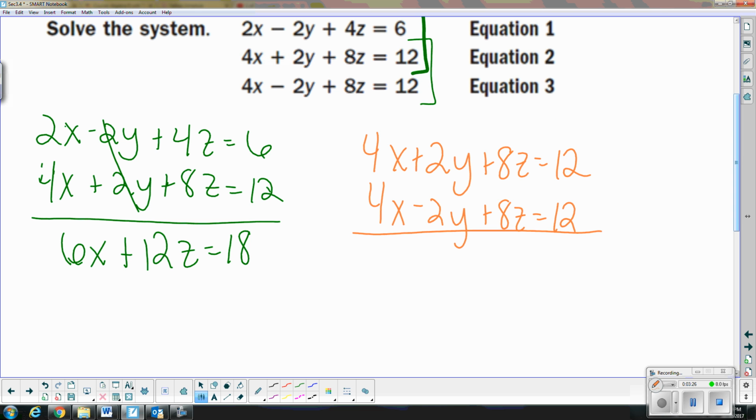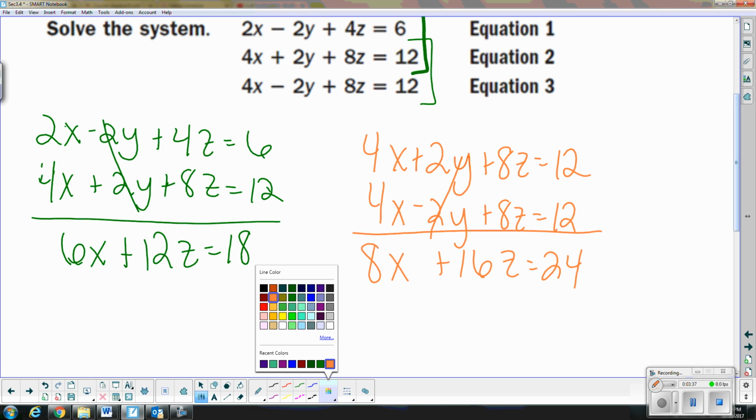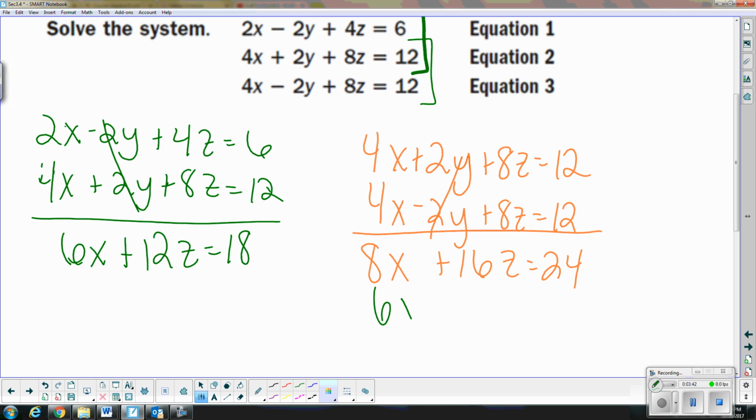All right, if we add these together, we get 8x plus 0y plus 16z equals 24. And then we can combine our first equation with that. 6x plus 12z equals 18.